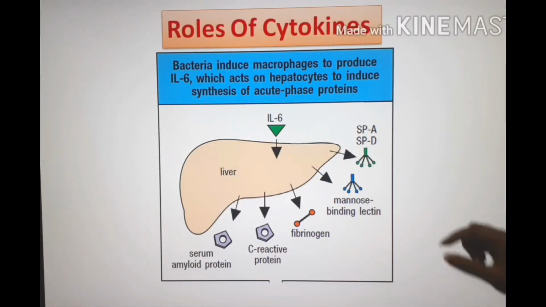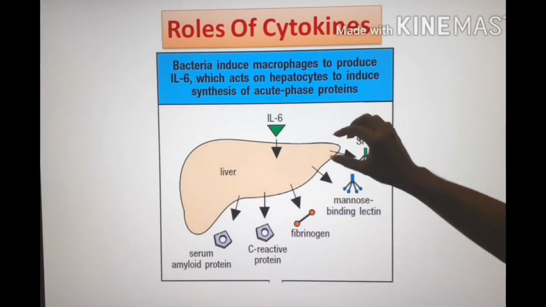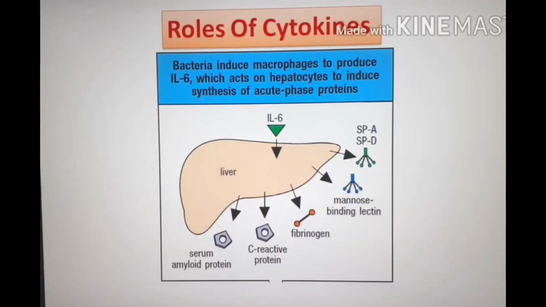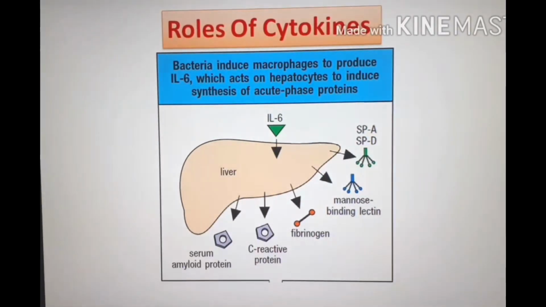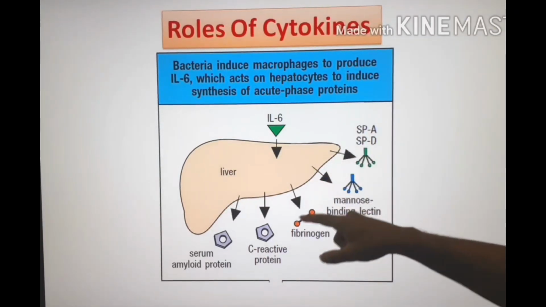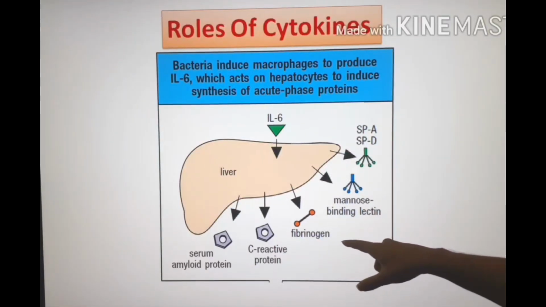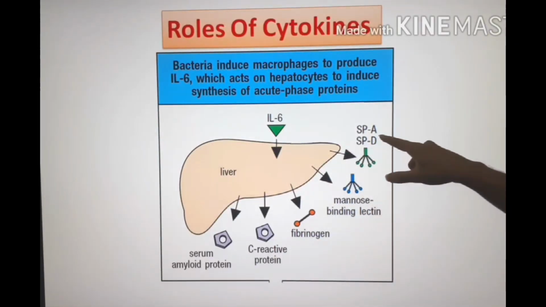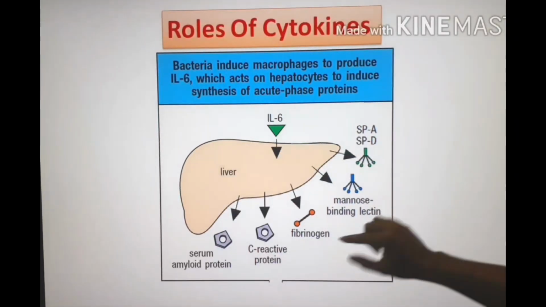Because when IL-6 or this type of cytokine is secreted, the liver very quickly synthesizes these proteins. The protein concentration increases very high in a short period, so they are called acute-phase proteins. The liver can now secrete serum amyloid protein, C-reactive protein, fibrinogen, mannan-binding lectin, and SPA and SPD, the surfactant proteins. Many of them are opsonins.